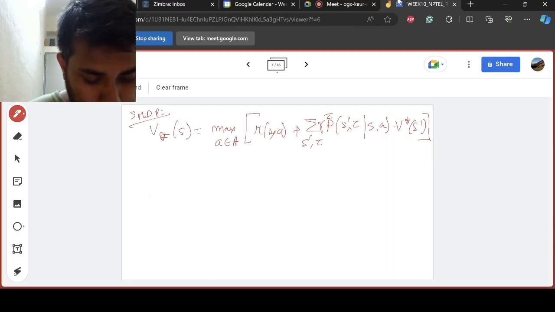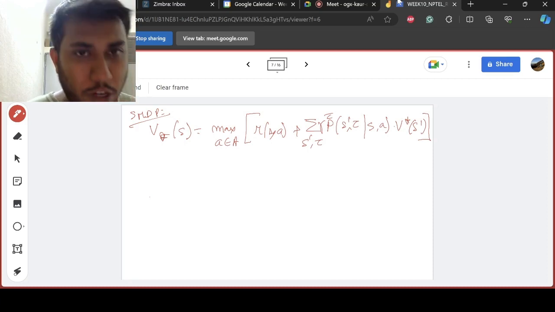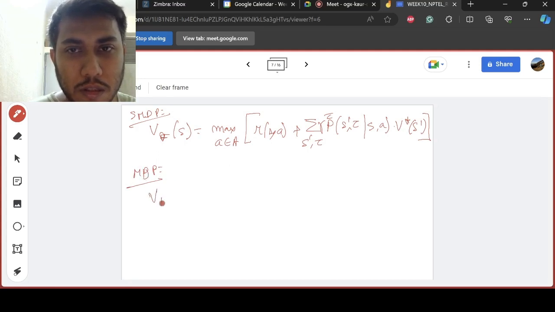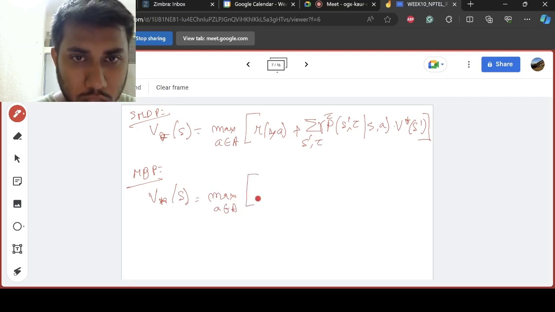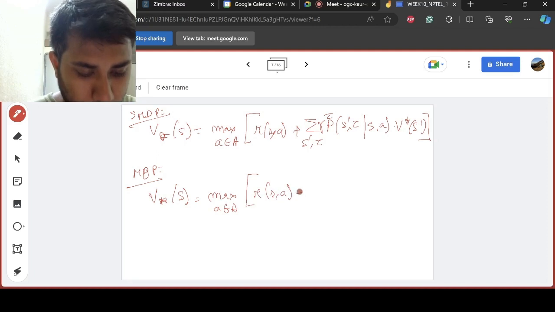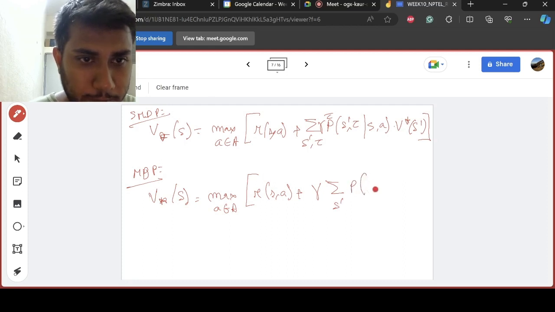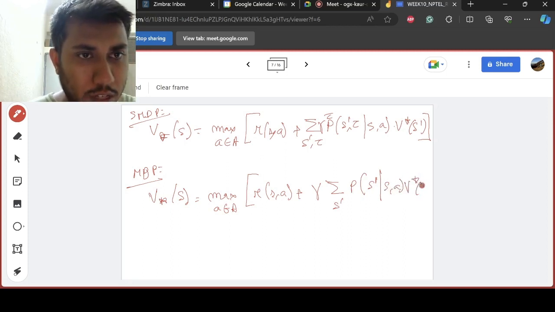So what was it for an MDP? For an MDP it was this: V star of S is equal to max over A belongs to A of R of S comma A plus gamma summation over S dash P of S dash comma S comma A V star of S dash.